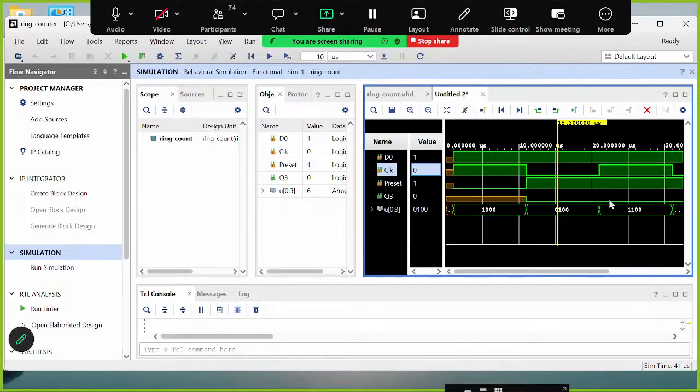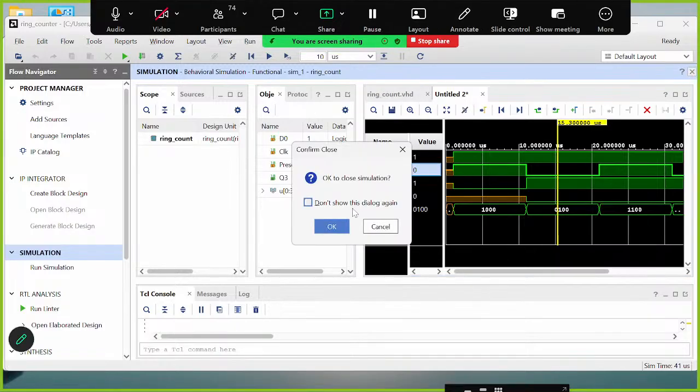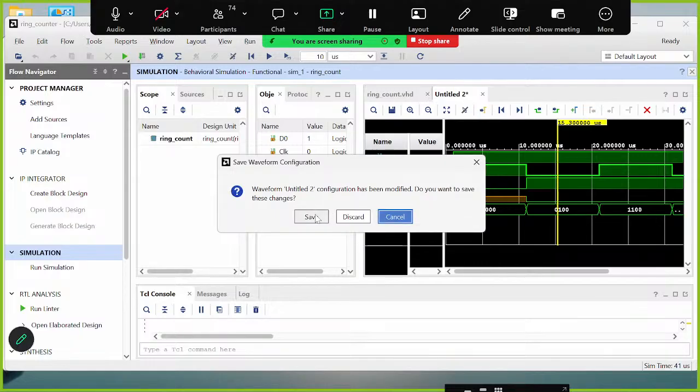Why is it happening? Because of this d not equal to 1. Because it is always 1, so it is pushing the value in u naught. So we need to remove this actually. We need to remove this in the code. So let's go back, discard this.